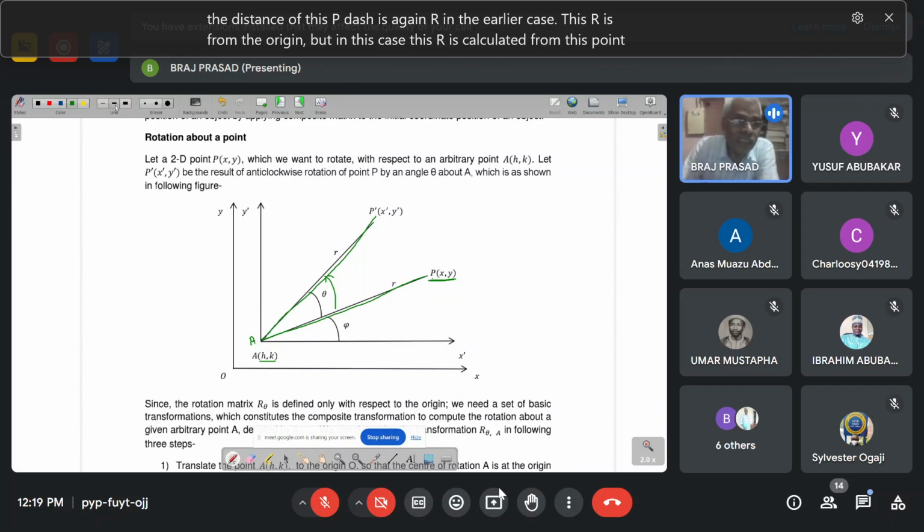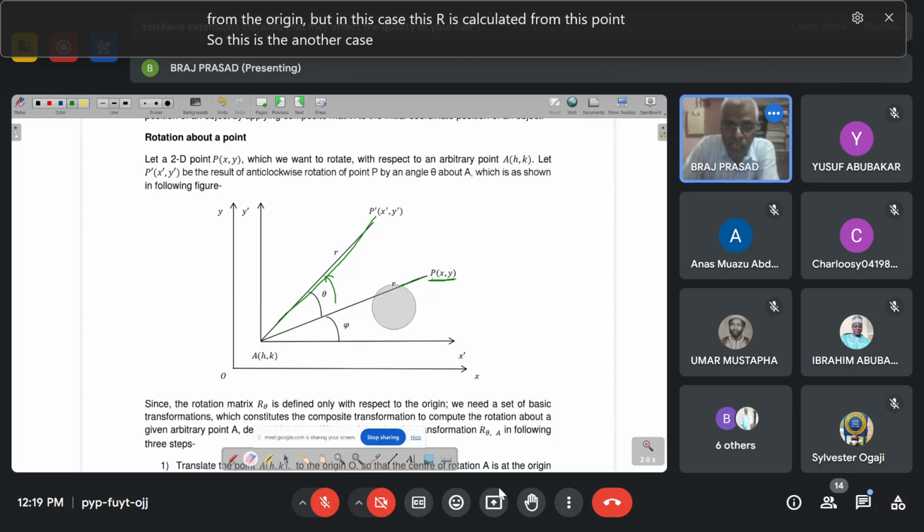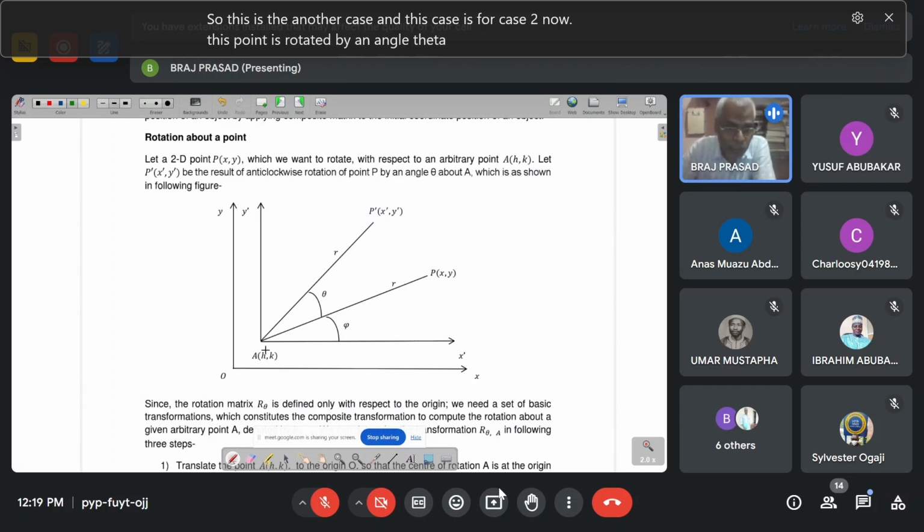So this is another case, and this case is for case 2. Now this point is rotated by an angle theta about the point A. We have to calculate the coordinate of this point.